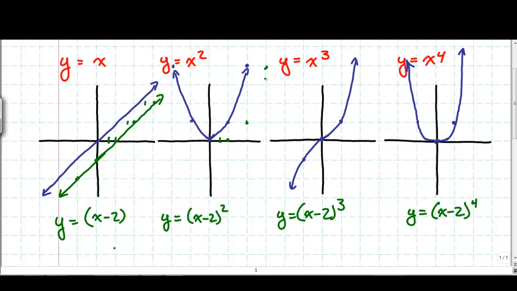So all of these points just shift over. And you saw that before. Over here I've got a cubic that's been shifted to the right. And finally my quartic function shifted to the right. Remember, it stays quite flat down low and then goes up quite sharply.